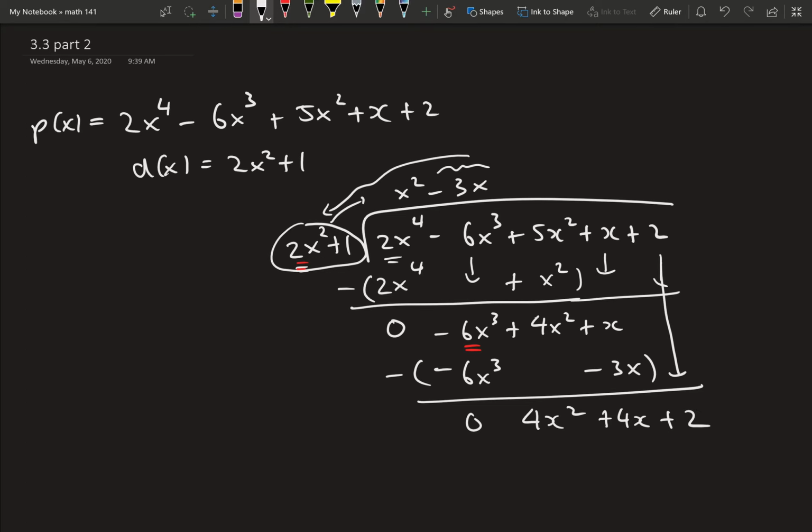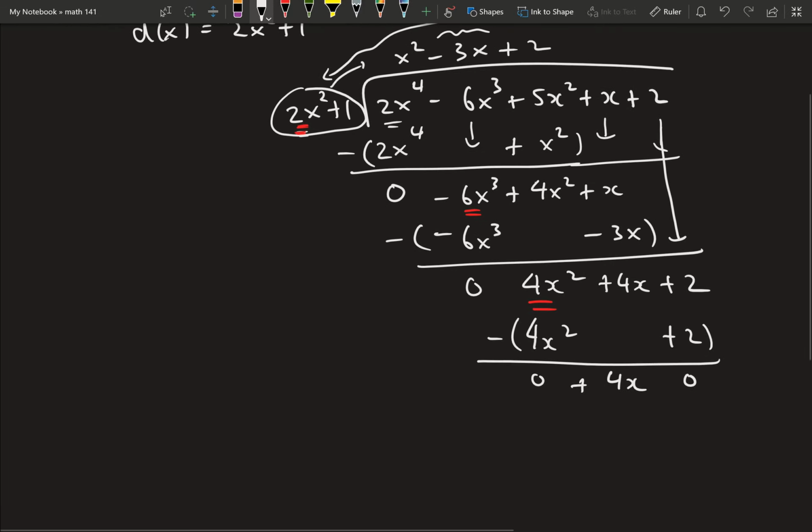And so here we can divide one more time. So the lead term 4x squared divided by 2x squared just gives you a plus 2. So we have plus 4x squared, and then plus 2. We subtract, and we get 0 here, we get 0 here, but we have a 4x as our remainder.